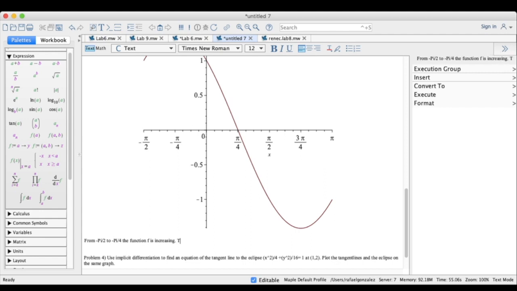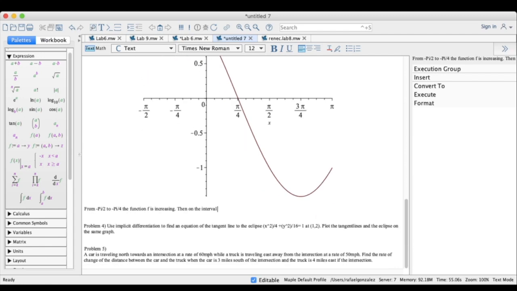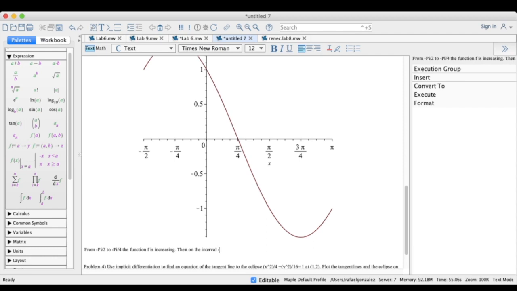Then, on the interval from negative pi over 4 to 3 pi over 4, the function is decreasing. And then from 3 pi over 4 to pi, the function is increasing again.